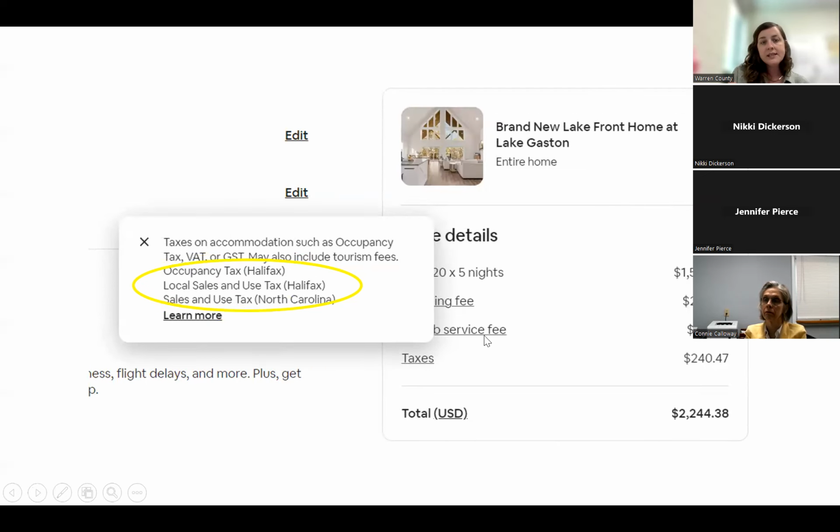But if you look at a listing in Halifax County, which does collect occupancy taxes, someone who rents a stay on Lake Gaston, but on the Halifax County side, can hover over this taxes line item and see what taxes are being collected. So you can see that not only the state and local sales tax is being collected when you stay in Halifax County, but the occupancy tax is as well.